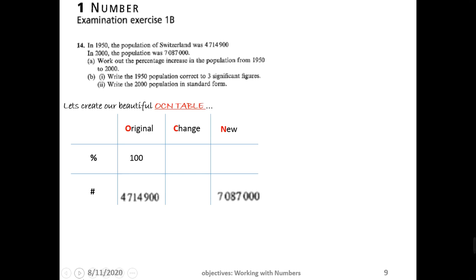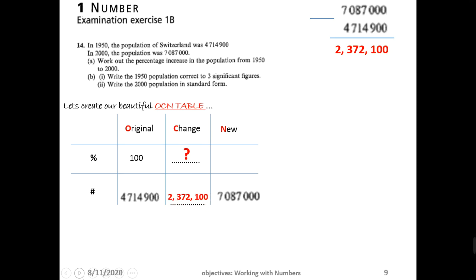To find out the change, we're going to subtract the two numbers, 7 million minus the 4 million. The answer will be 2,372,100. Now, this is unknown, and we figured out the change in the number of population since it started at a number and it increased to a new number.